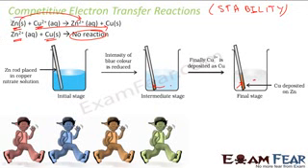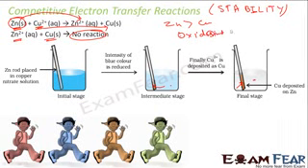Why? Because zinc can oxidize more easily than copper, if you're talking about the oxidation property.